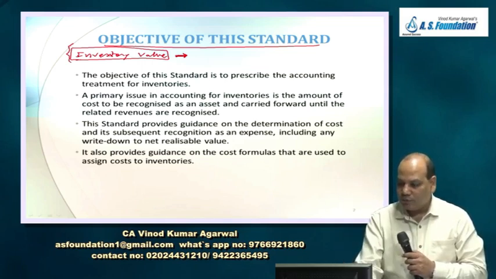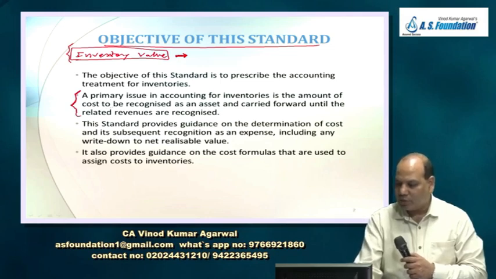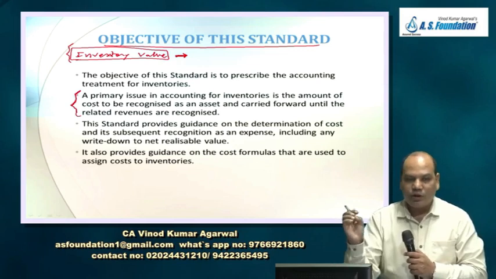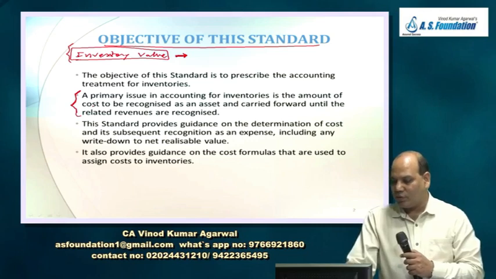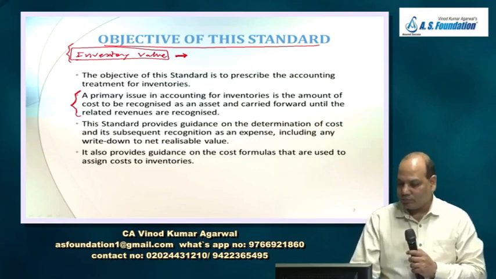So in this standard, we will be discussing line by line the various aspects relating to inventory valuation: how much inventory should be shown as an asset or expensed during the year.